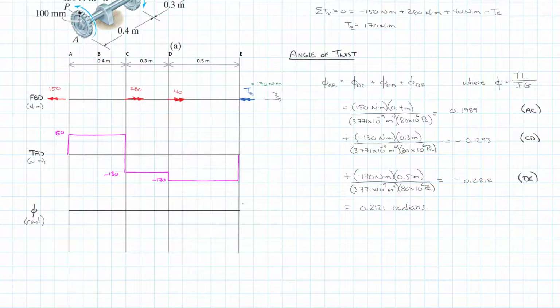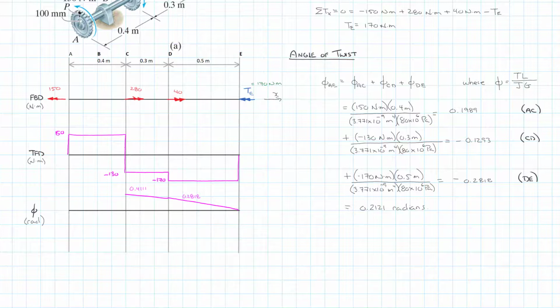So we have to go up to 0.2818. So probably about there, and I'll draw that in. And then we're going in the same direction, so we continue to go up an additional 0.1293, which should take us up to, if I calculated that right, a value of 0.4111.